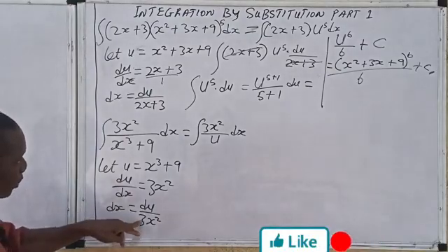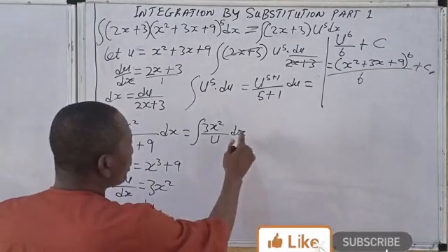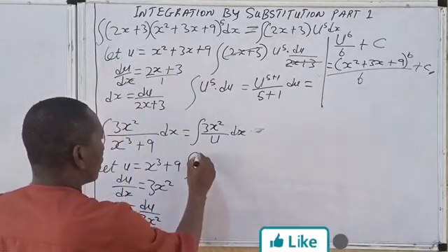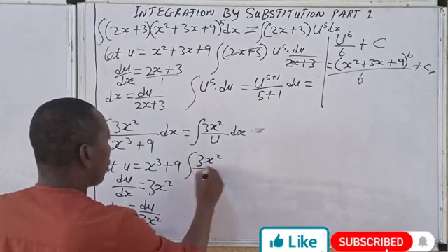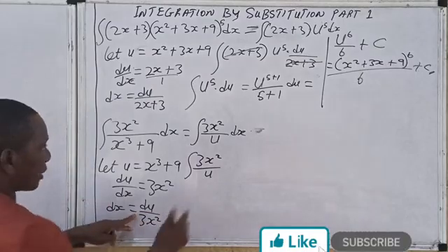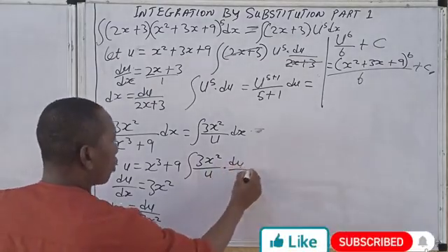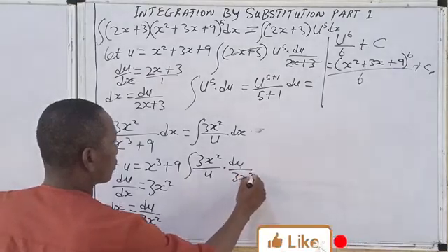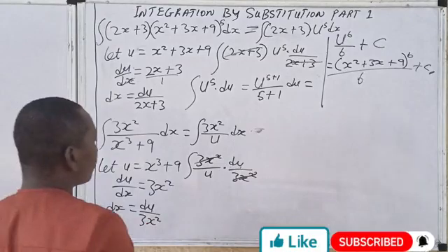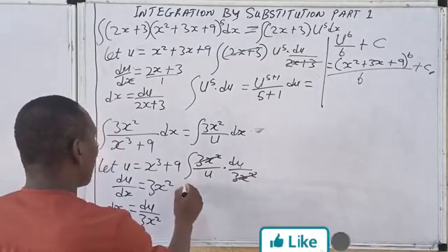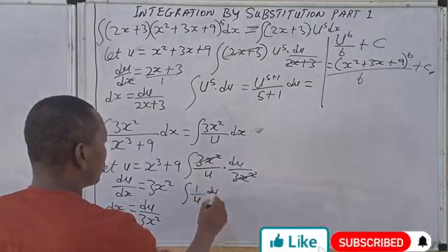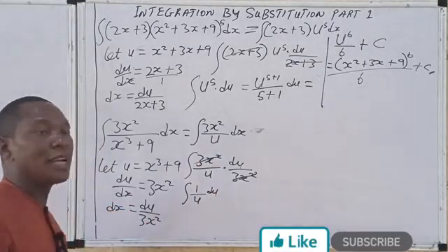So dx is now equal to this. So in this place, I'll rewrite this as 3x² all over u. Now, in place of this dx, I'll write du all over 3x². This will automatically cancel out this. So we now have 1 all over u du. And you know our normal integration process.